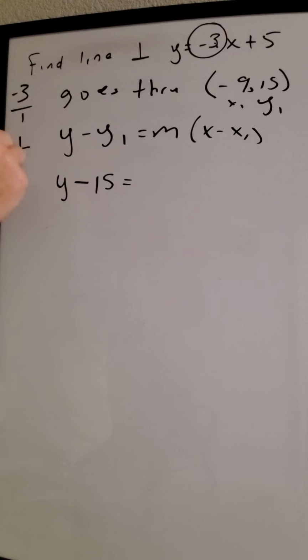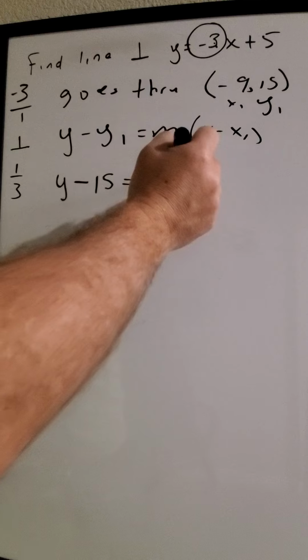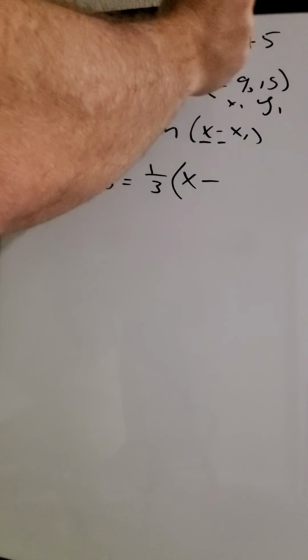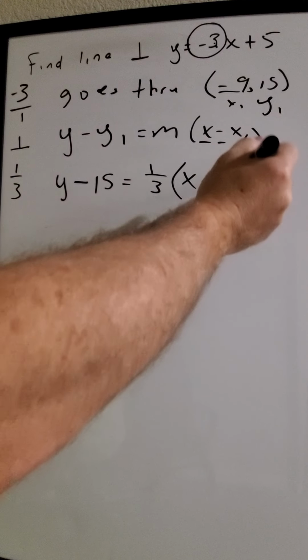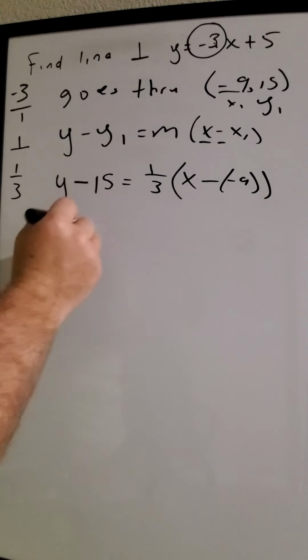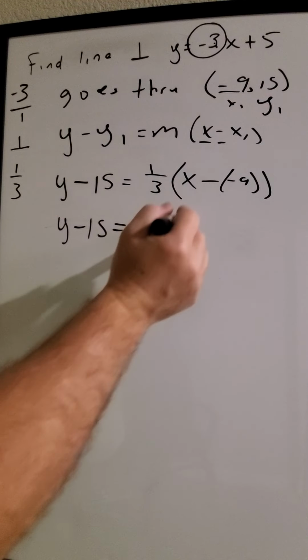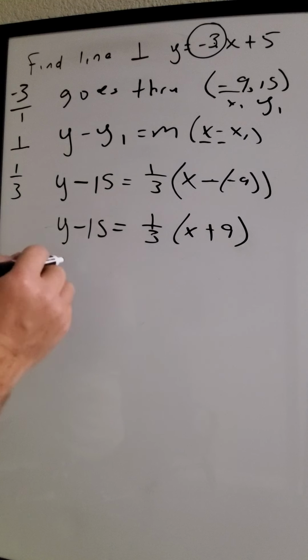So the perpendicular slope, when it makes a fraction and flips the fraction, is positive 1/3. So the slope we put in that's perpendicular is positive 1/3. We get x minus, and since x1 is negative 9, it's negative 9, which gives us y minus 15 equals 1/3 x. Negative times negative makes positive 9.